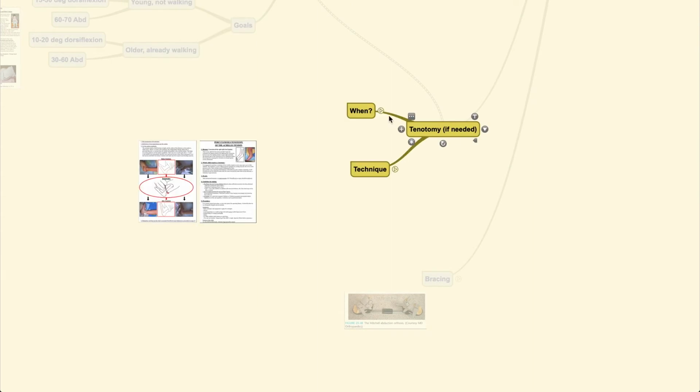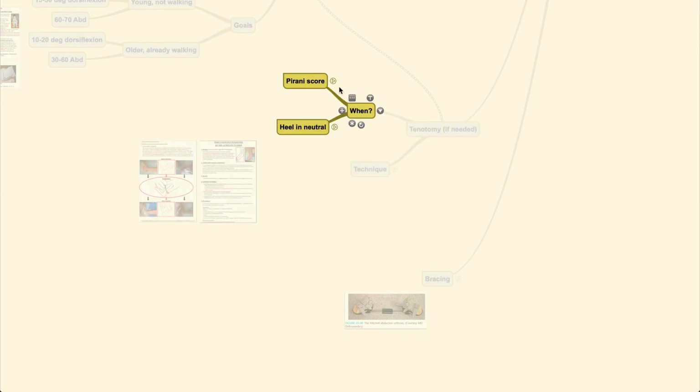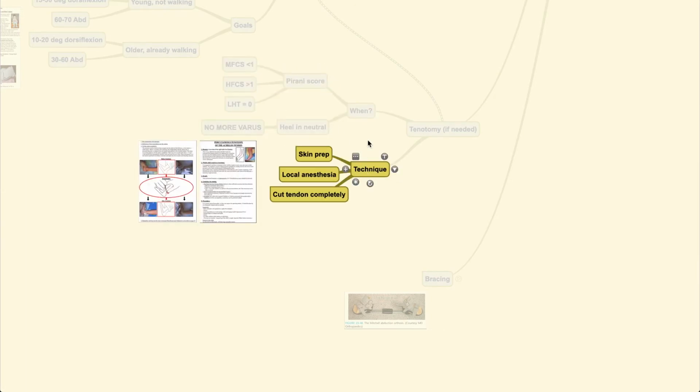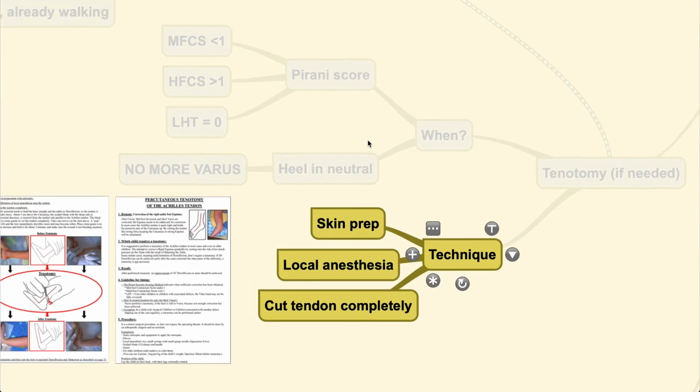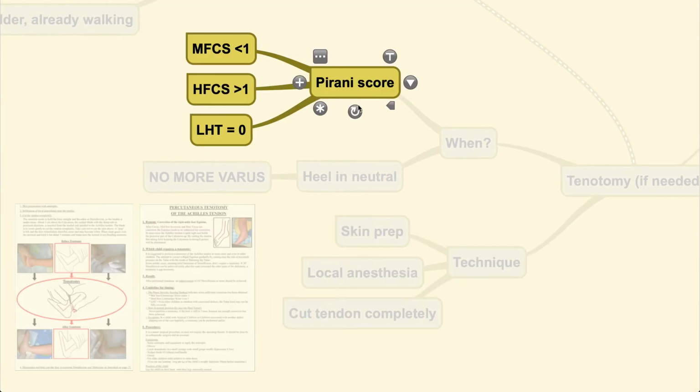Next would be the tenotomy. This is the third step of the Ponseti method. The tenotomy is usually done during a very specific period of time. It is done when the Pirani score of the patient, the MFCS score, is less than 1, the HFCS score is more than 1, and the lateral head of the talus is 0 or not palpable.